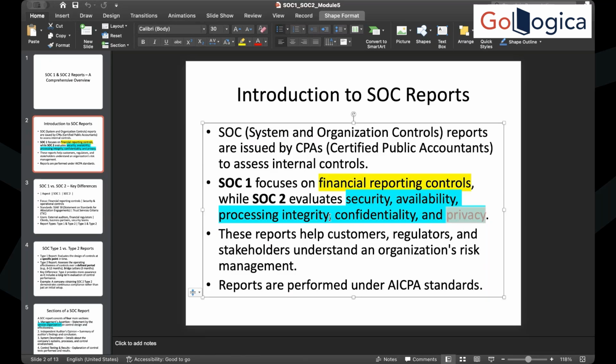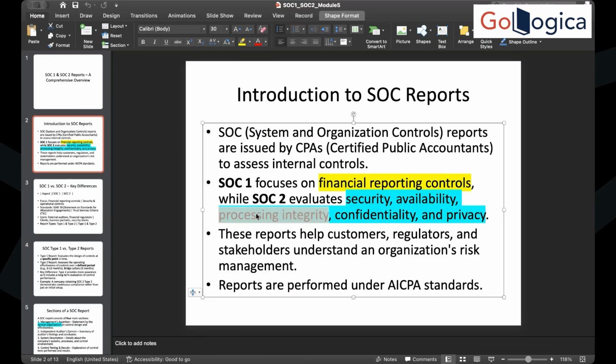Process integrity is pretty rare because this relates mostly to companies that are into transactions. For example, you know a company called MasterCard, right? It's into transactions, credit card transactions and everything. For MasterCard, process integrity would be very important.